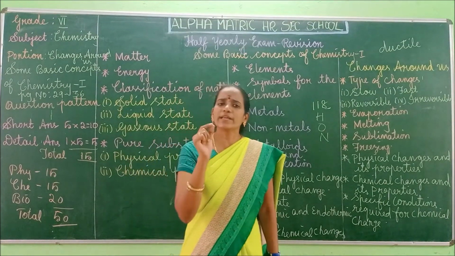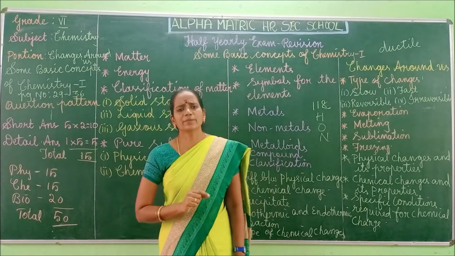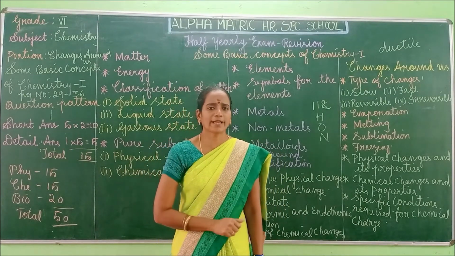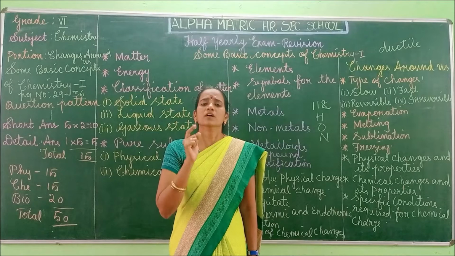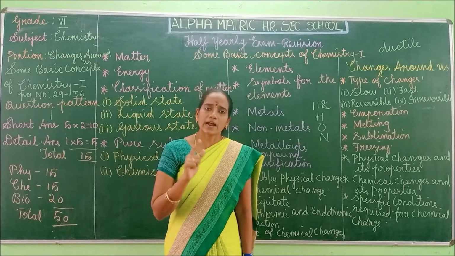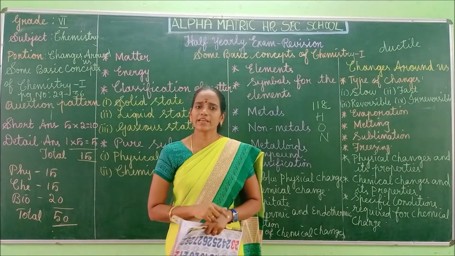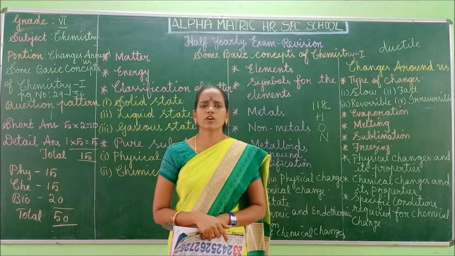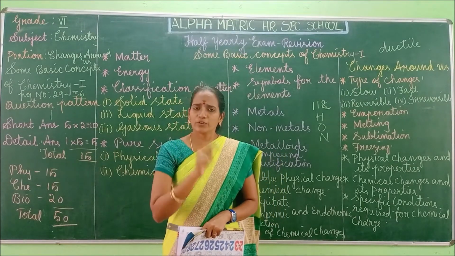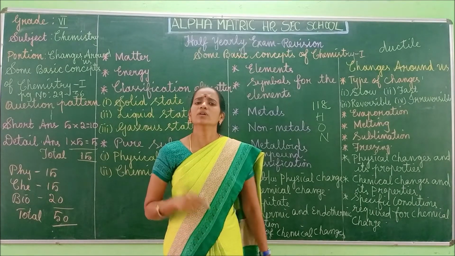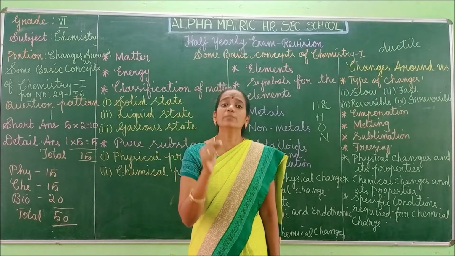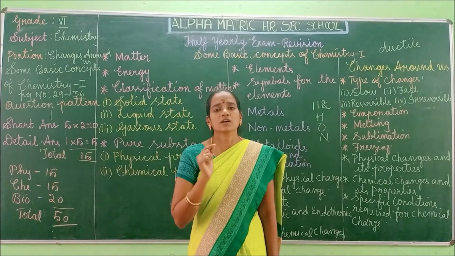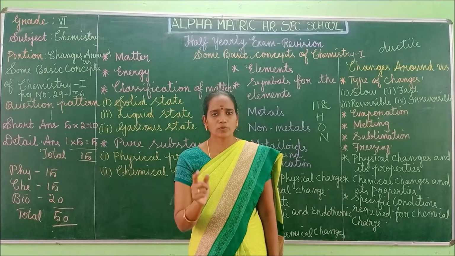A compound can be classified into two types. One is the organic compound and another one is the inorganic compound. What's the difference between organic compound and inorganic compound? Compounds obtained from living sources are called organic compounds.